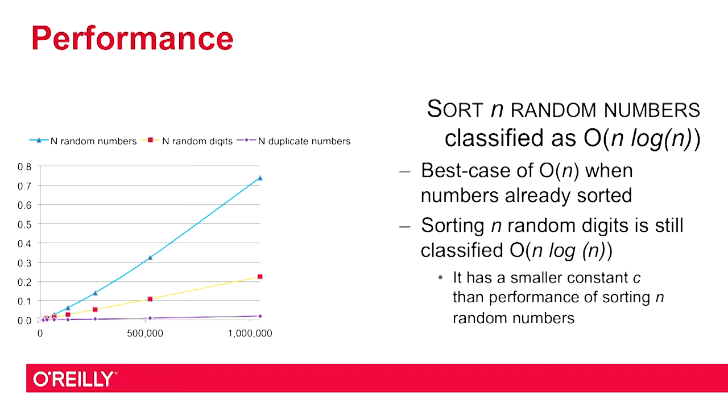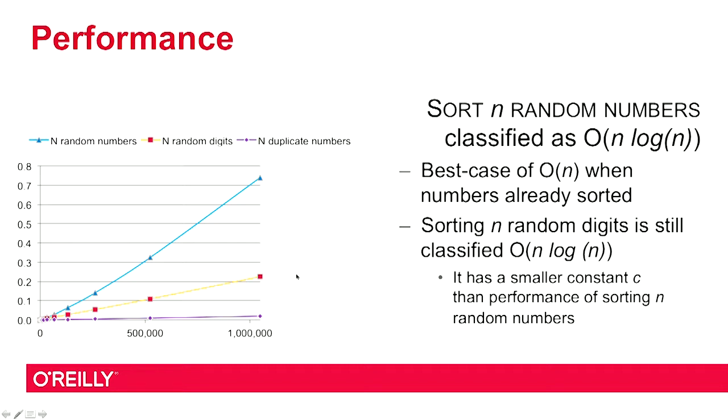So I'm sorting n random numbers. The best case is when they're already sorted. And in fact, there's a special case for when there's a lot of duplicates. And so this yellow line here, which looked a little bit like linear growth, when you plot it out to much larger samples, up to 1 million, you can clearly see that it's starting to leave the linear growth rate farther and farther behind. That's what this purple line is, way down the bottom.